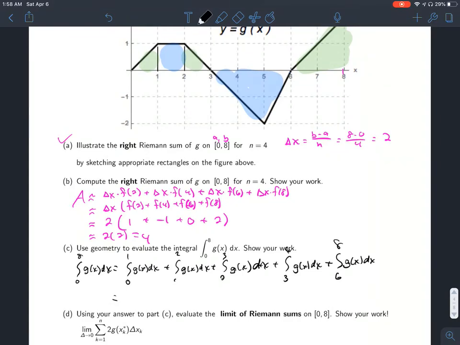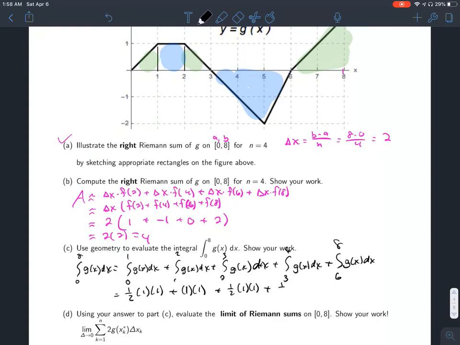Now this first shape from 0 to 1, that's a triangle. Area of a triangle is 1/2 the base, which is 1, times the height, which is 1. Next one's a rectangle, which is base times height. Next one's a triangle, 1/2 base times height.